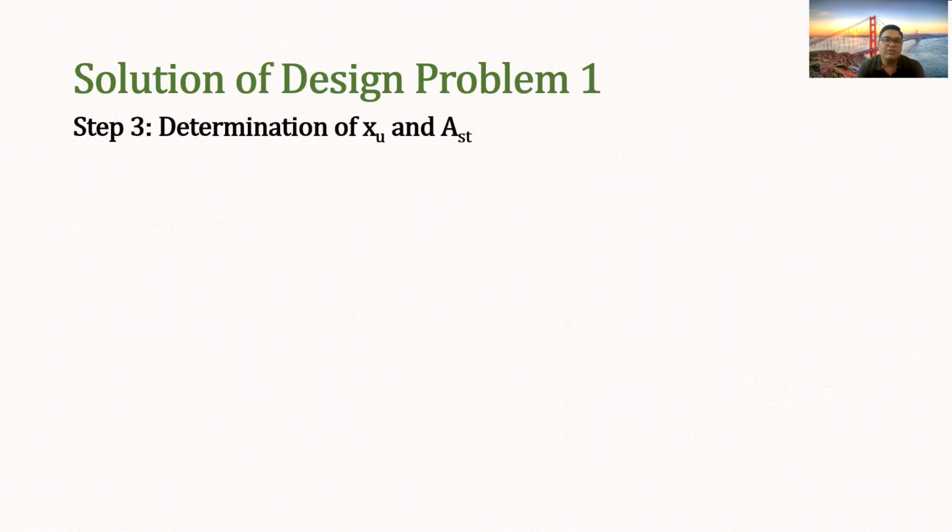Now moving to step 3. In this, we will determine the value of xu, because we want to know how much it is. Before calculating xu, we will need to find the value of Ast.